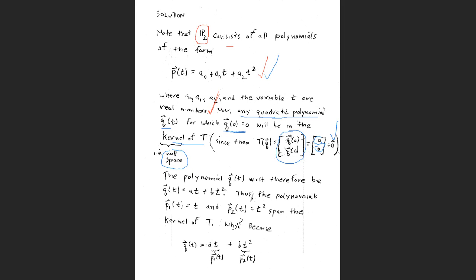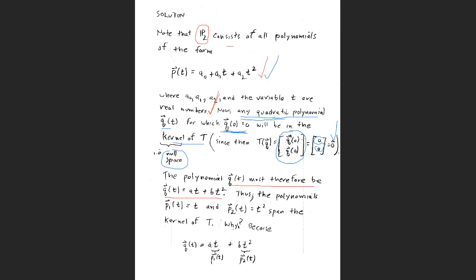So any quadratic polynomial for which q of 0 equals 0 would have to be in the kernel of the transformation. So what would these polynomials look like? Well, the q of t polynomials would have to be of the form a times t plus b times t squared.